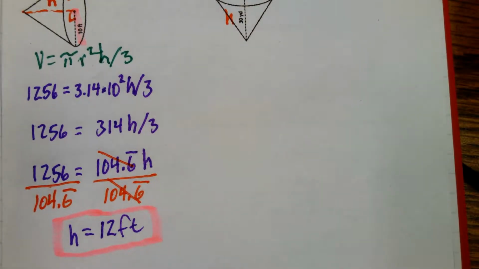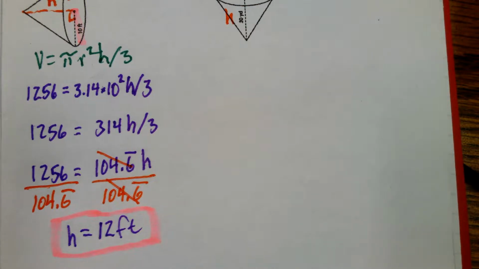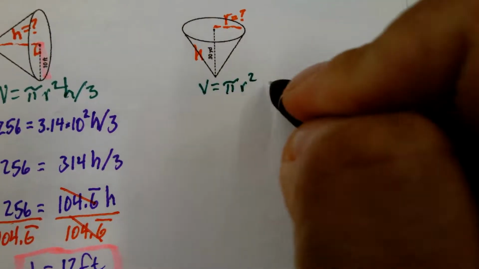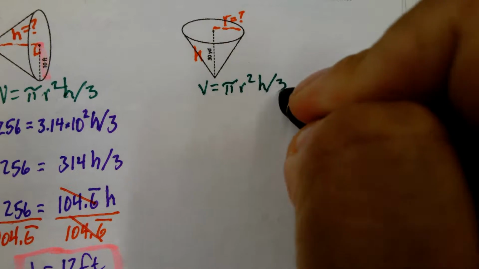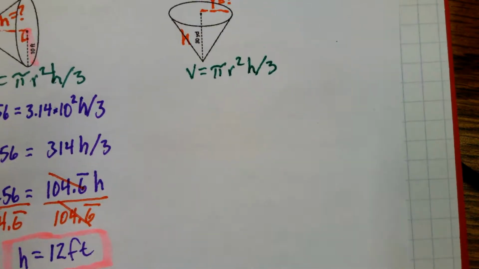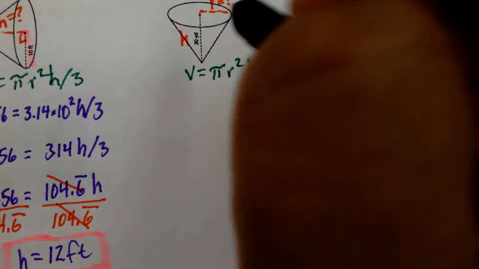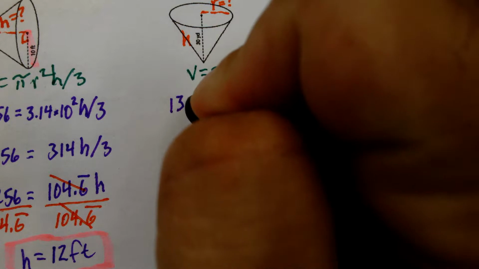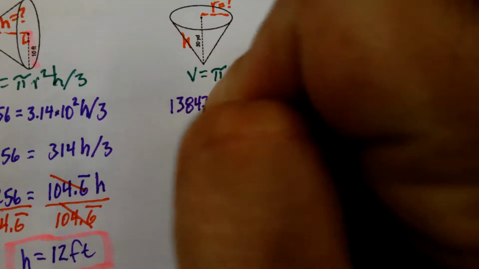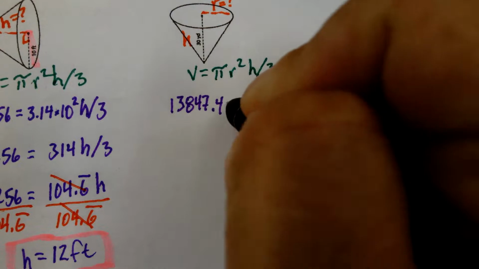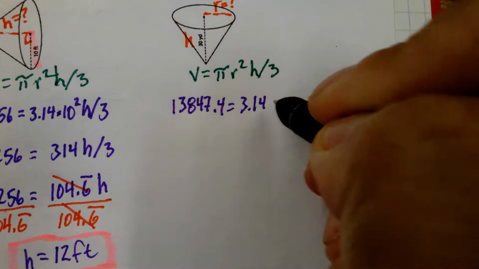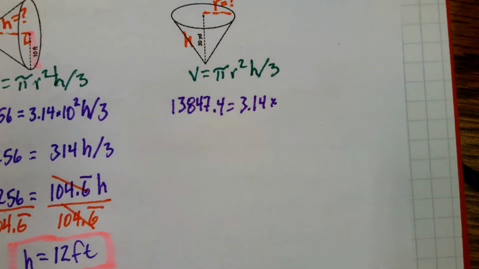Okay, so let's just plug in everything we know once again. Let me write down the formula. Pi radius squared, height divided by 3. Okay, put in the numbers we know. The volume, here it goes. 13,847.4 equal sign, then pi 3.14 multiplied by radius squared.